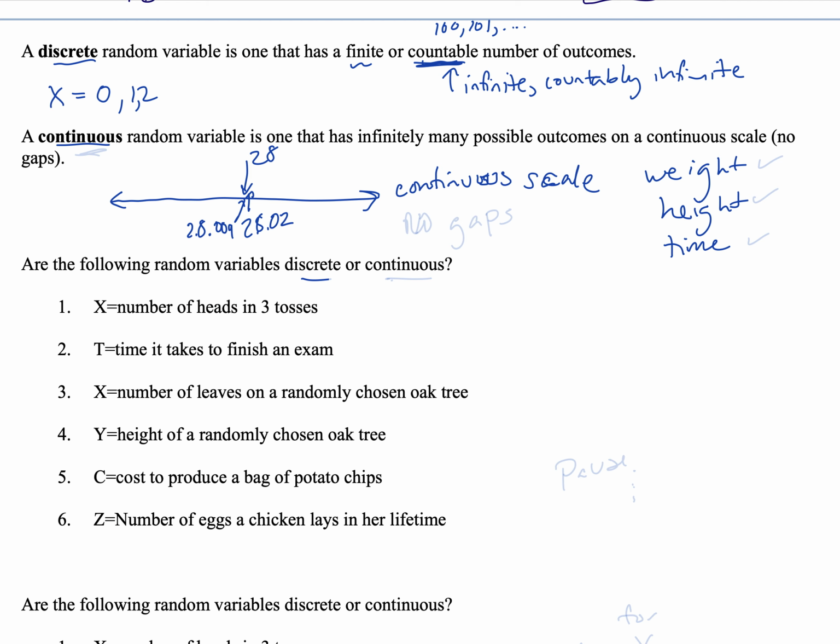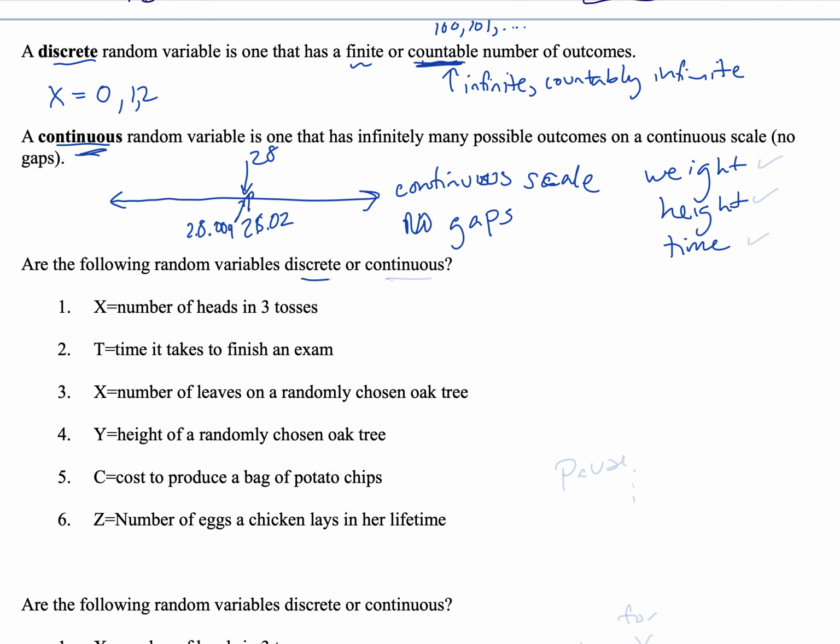So in other words, there's a continuous scale with no gaps. And so there's infinitely many possible outcomes on a continuous scale with no gaps. That's what we call a continuous random variable.